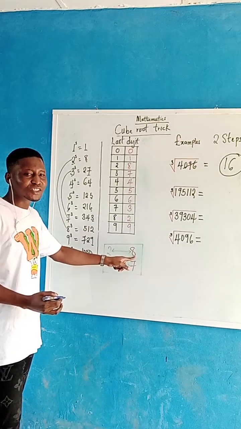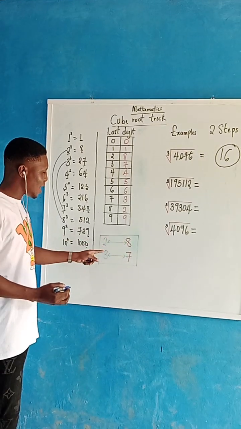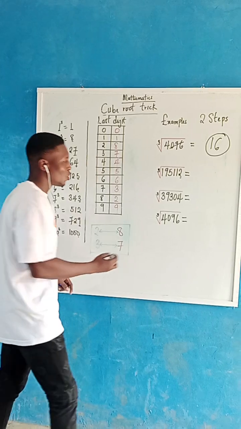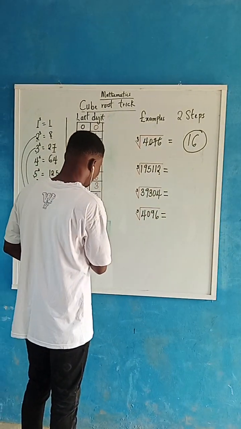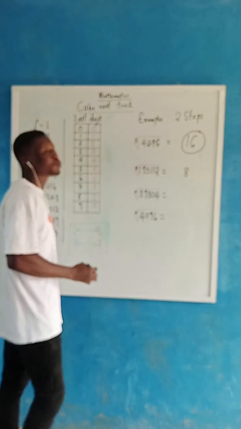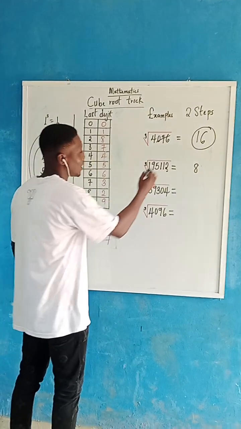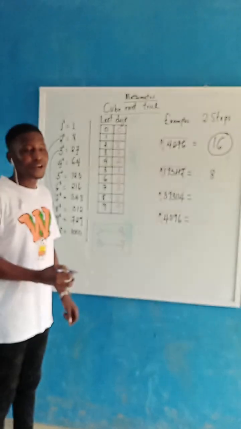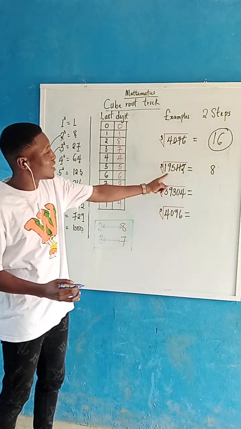And whenever the last digit is 8, you can find it at 2. So the last digit here is 2. So we can find it at 8. So we cancel the last 3 digits. After we have cancelled that, we have 195 left.